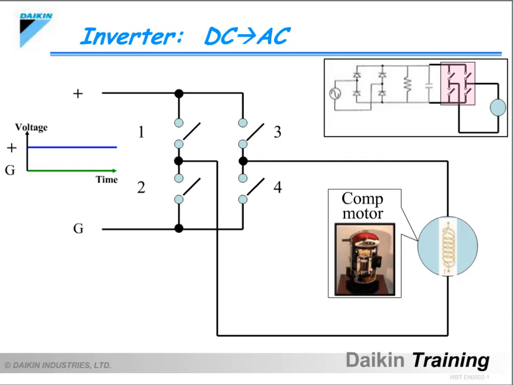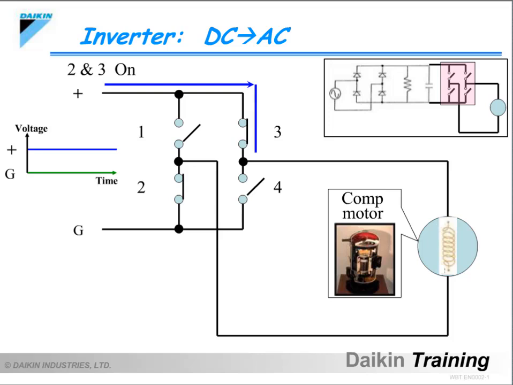Next, I would like to explain how to create AC power from the DC power and how to change the frequency. In order to convert DC voltage to AC voltage, the direction of the current must be changed from one direction to two directions. Simply, a circuit like this would be necessary.